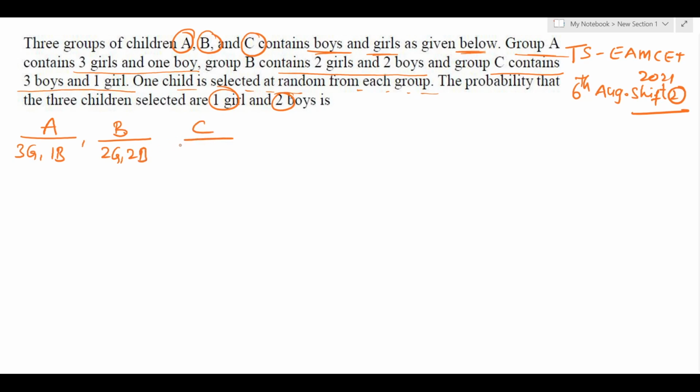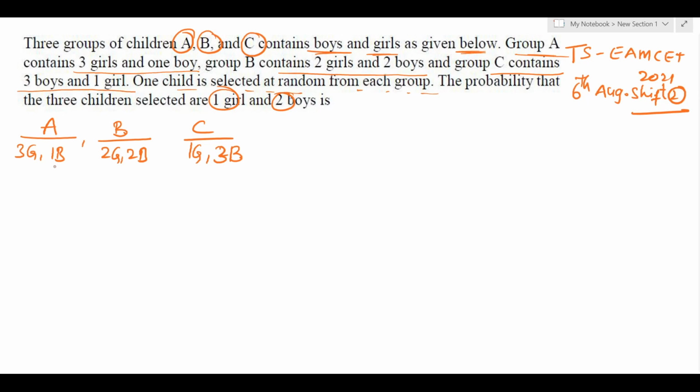And the third group C contains 1 girl, 3 boys. One child is selected at random from each group. The probability that the 3 children selected are 1 girl, 2 boys. Now probability is equal to favorable outcomes by total outcomes.